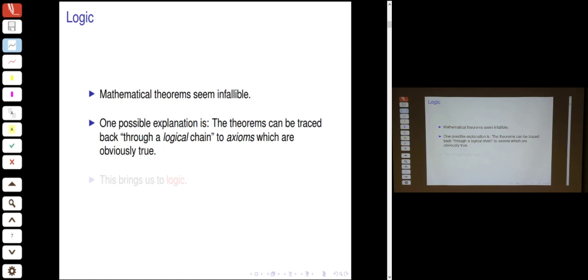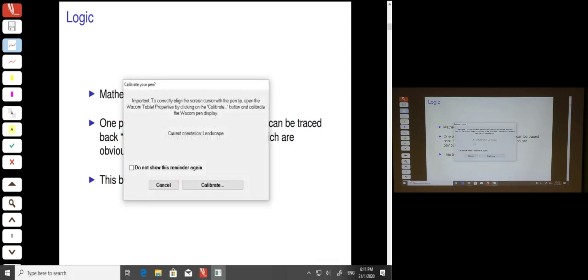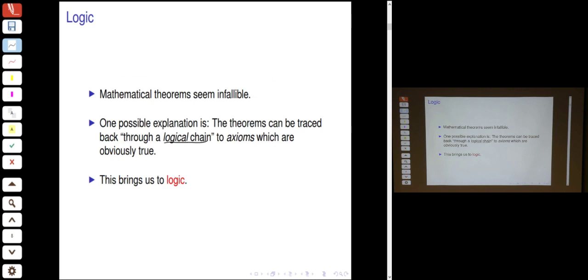Now, obviously here in the statement, I already use the so-called logic, logical chain, right? Or I use some words which involve logic, right? So we want to take a closer look at these terms. What exactly are the logical chains, and what are the rules, and so on and so forth. Okay, so that's the introduction.